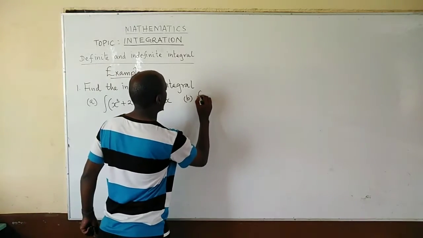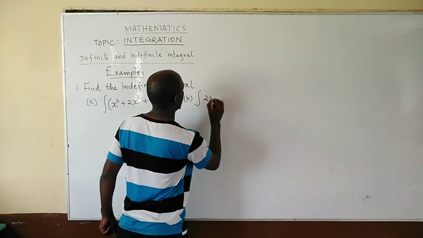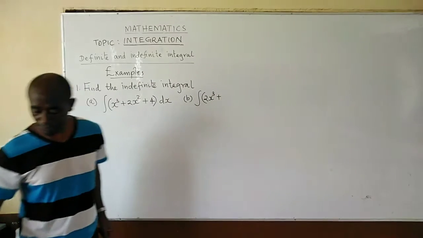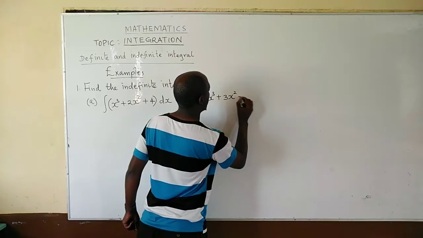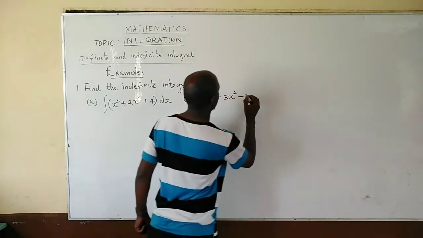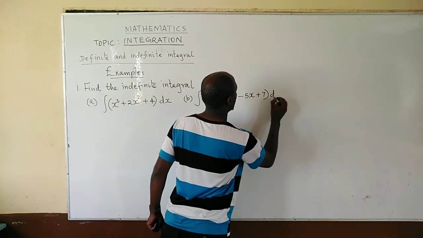Example 1. Find the indefinite integral of a, x cubed plus 2x squared plus 4, with respect to x, and b, 2x cubed plus 3x squared minus 5x plus 7, with respect to x.